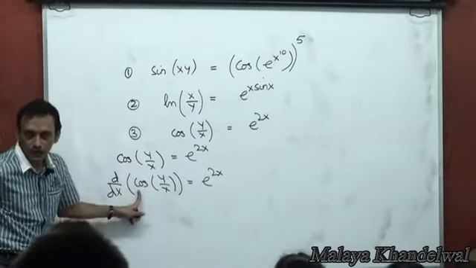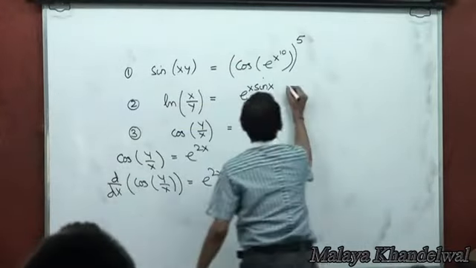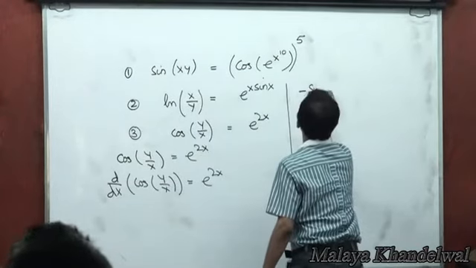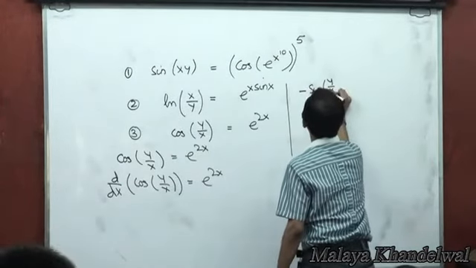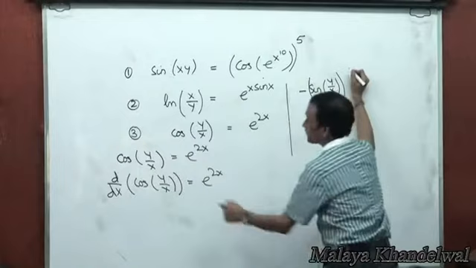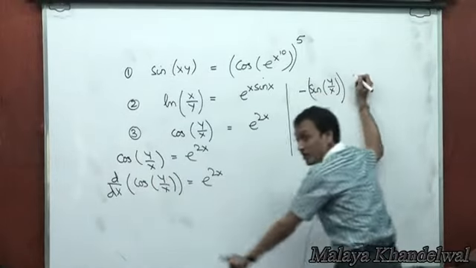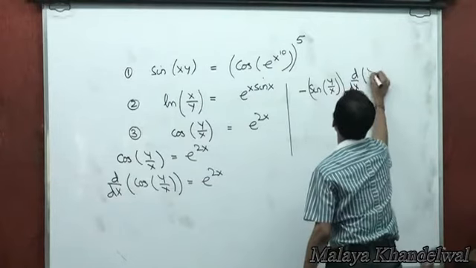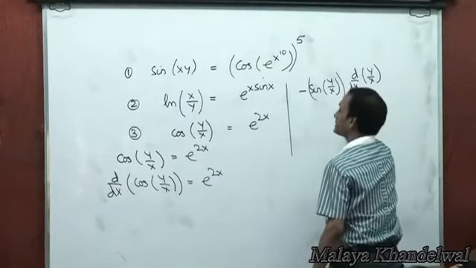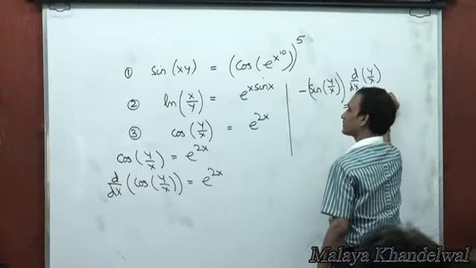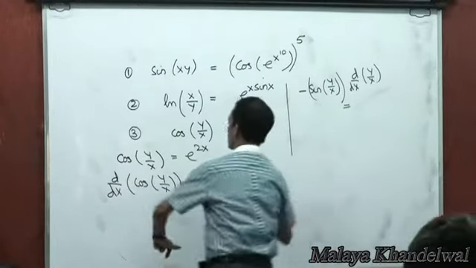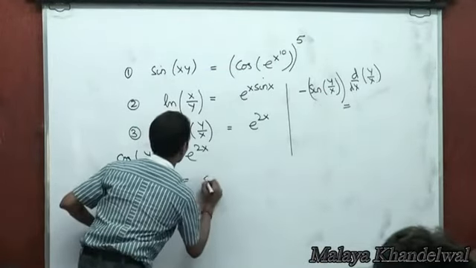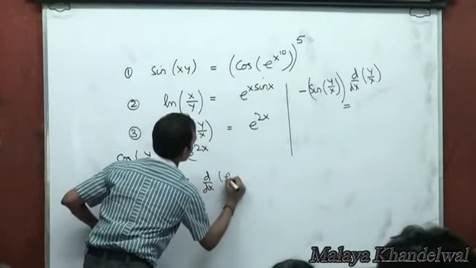Outermost would give me minus sine, and then d/dx of y by x. d/dx of y by x, that's the innermost part of the chain. And the right hand side is d/dx of e power 2x.